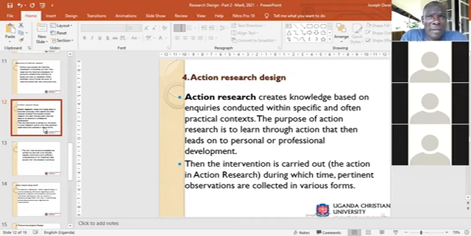After that, you go back and say, we have studied it, we have understood it, what can we do to correct this problem? That is now action. You went out to study that phenomenon with an action in mind. It was not just basic research, where you just go and study, and its results are just there.